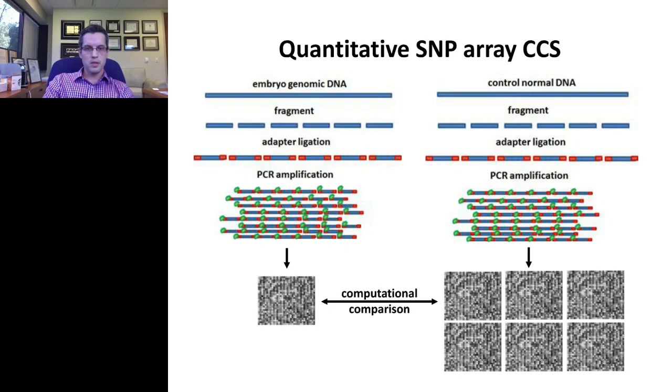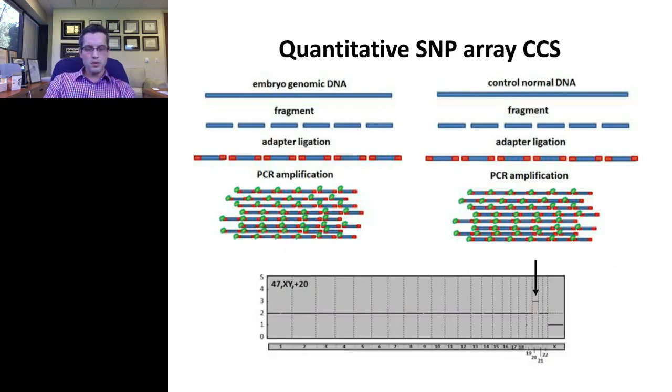And then you can computationally compare the data from your embryo to the data obtained on other arrays from known normal samples. And what you obtain is a relative copy number for all the chromosomes, as shown here with this copy number plot, where you have 0, 1, 2, 3, 4, or 5 copies, and then each of the chromosomes.